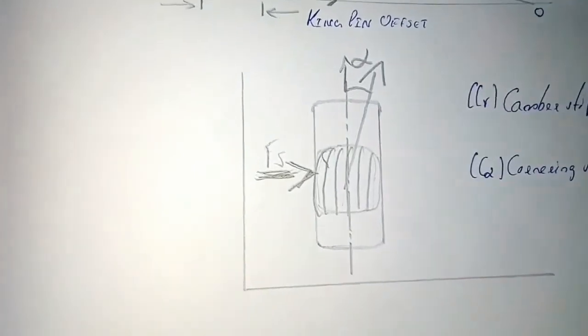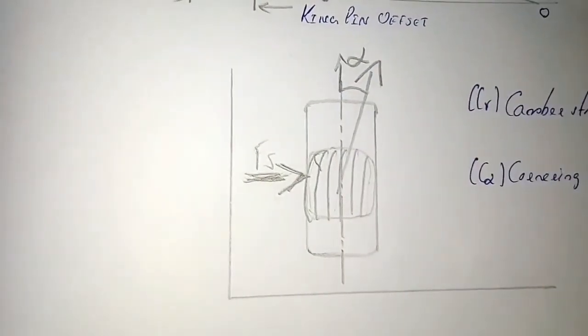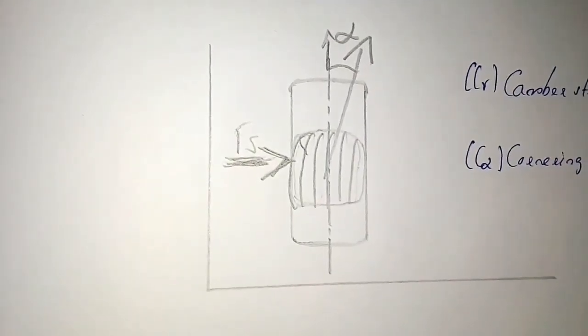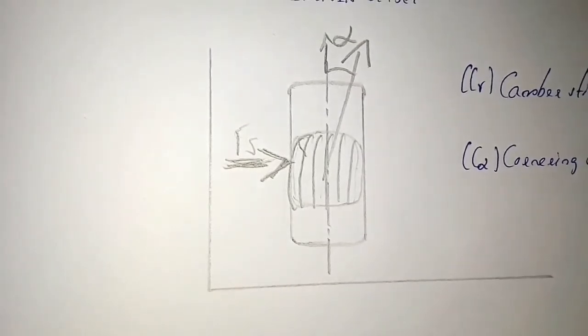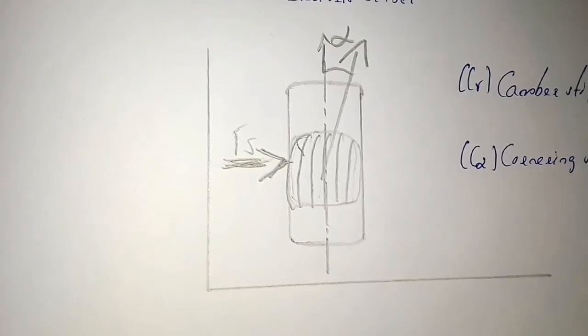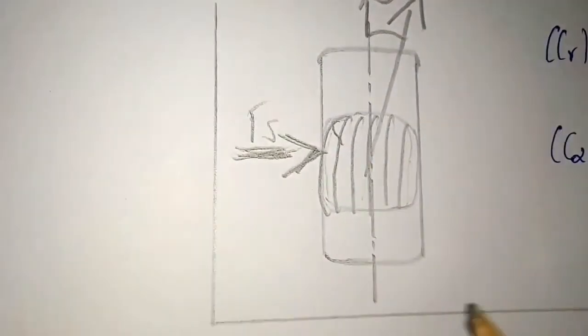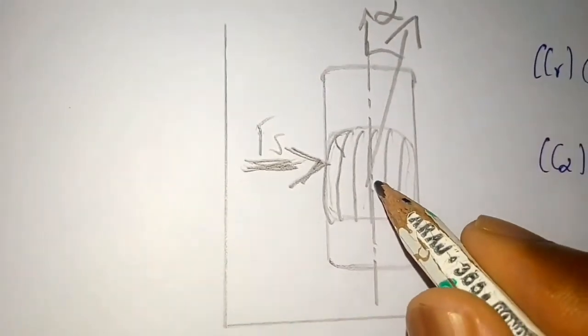So the tire is rolling, and the center of pressure will be shifted towards the trailing side of the vehicle, that means the rear side of the tire. The reaction force of the side force, because of the slip angle, will act at the center of pressure. I already told you that the center of pressure is shifted towards the trailing side.